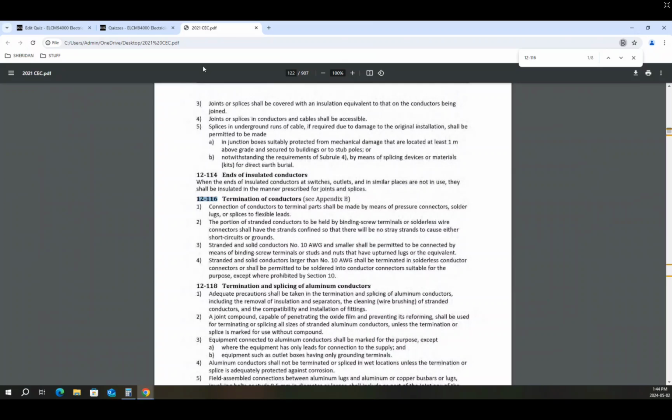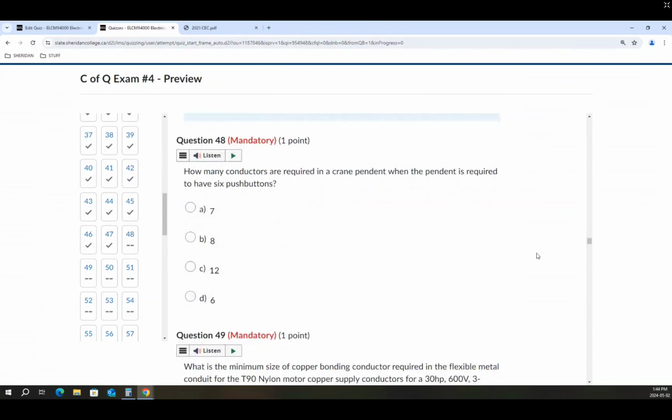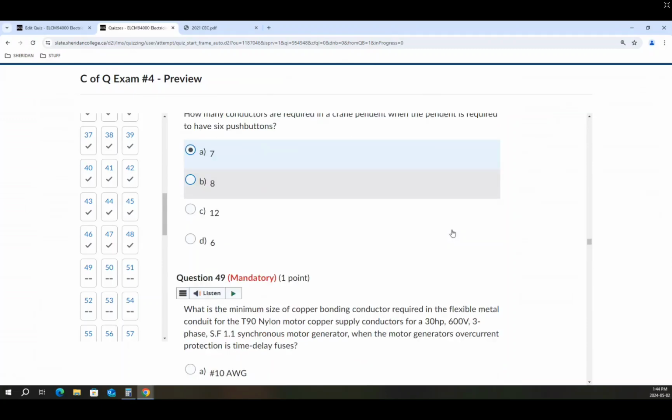So it is number 10. Number 48. How many conductors are required in a crane pendant when the pendant is required to have 6 push buttons? No, 7. We have 6 push buttons. We need a feed or common, whatever you want to call it.